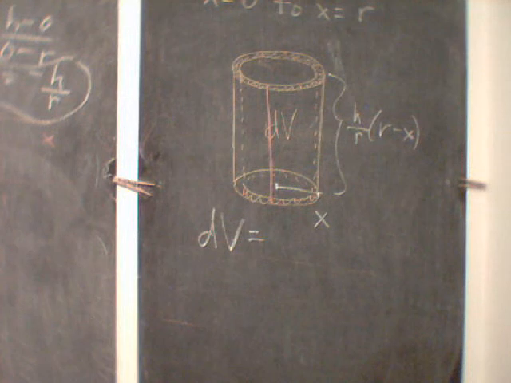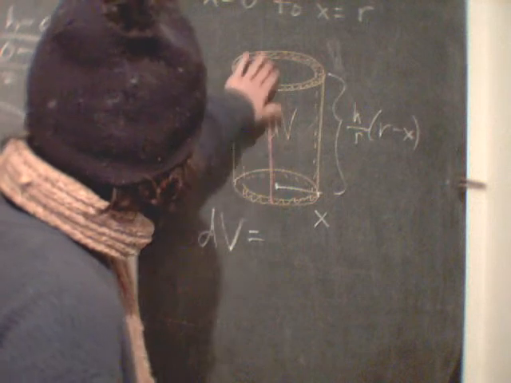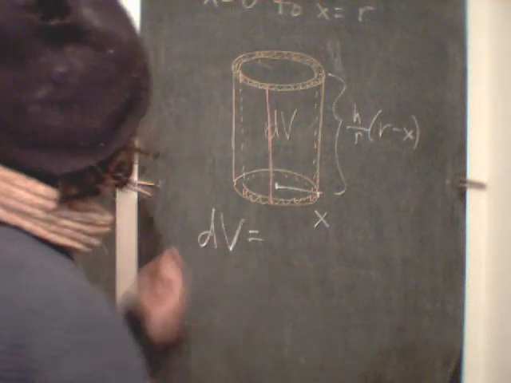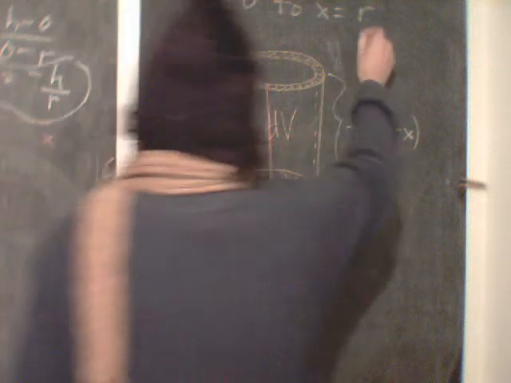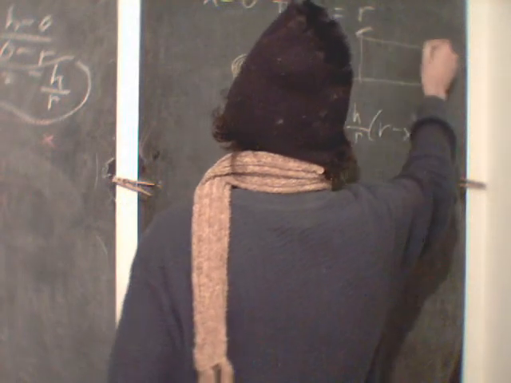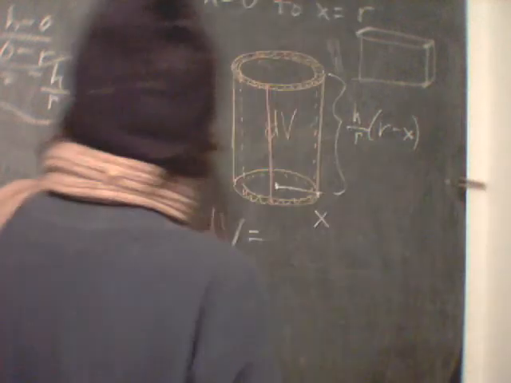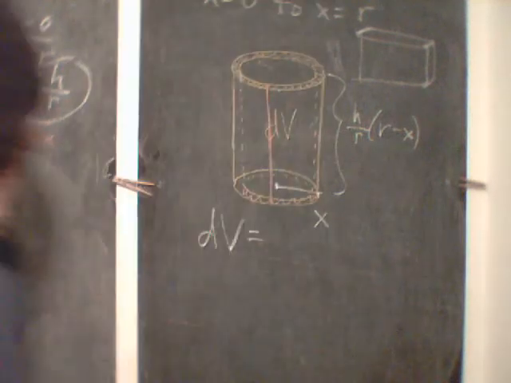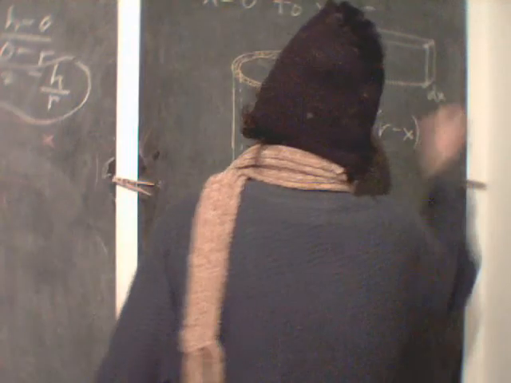And so that's where I say cut it lengthwise and then unroll it, and you'll just get something that is like a rectangular slab, like this. The thickness will be dx, and the other dimensions will be these two things.